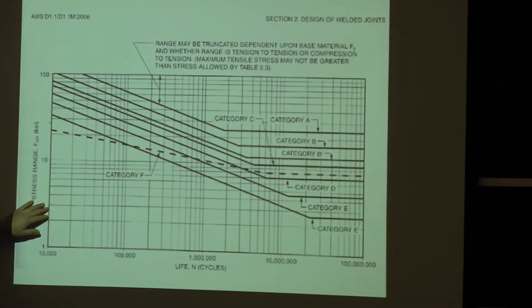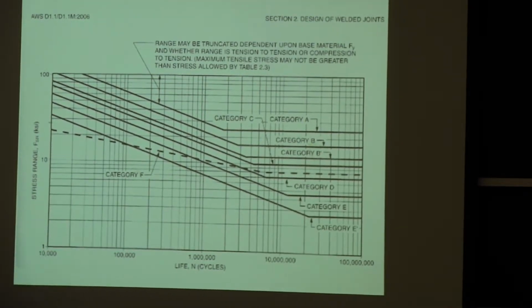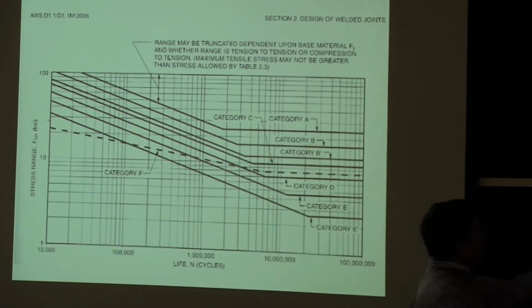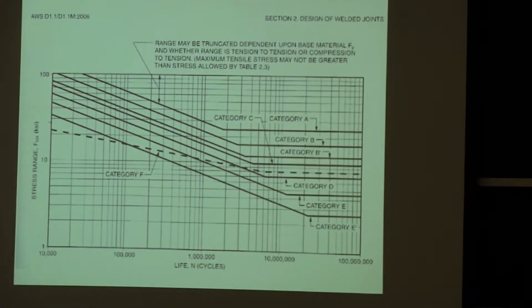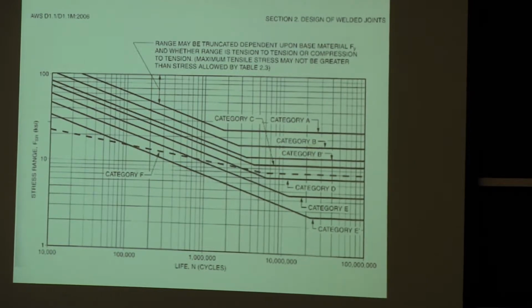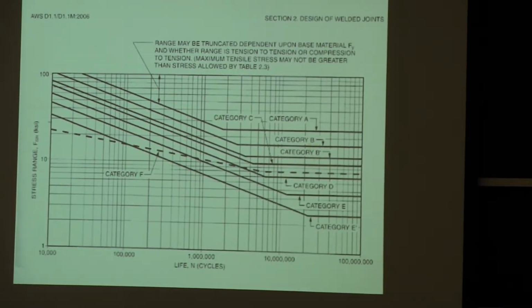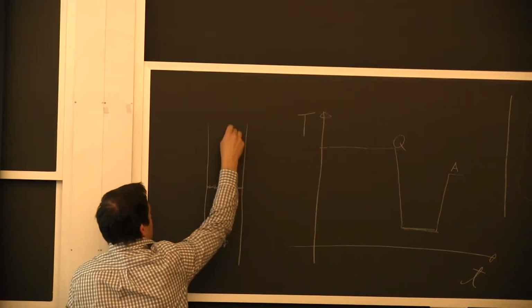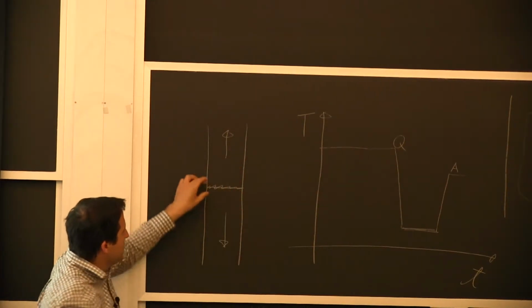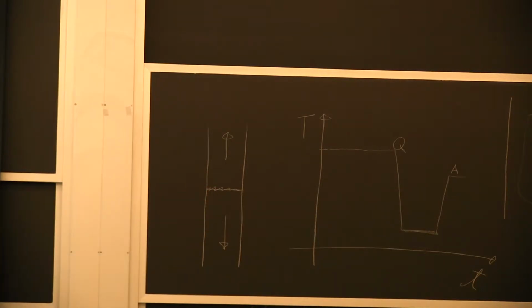joint that's loaded in a transverse direction, so the weld is going, say I have this detail where this is my bar, I have a cut in it, and then I weld this way, and I'm loading in this direction, and then I have an attachment that's in the other direction. It's not a groove weld, it's a fillet weld.